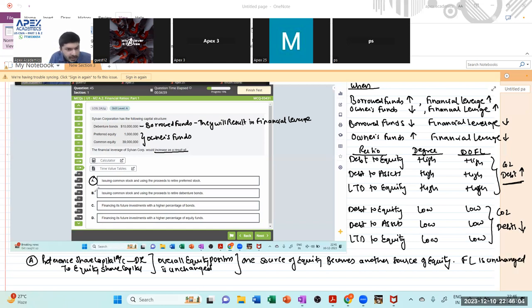Agreed? Let us go to entry number B. Issuing common stock and using the proceeds to retire debenture bonds. Very interesting. Issuing common stock: debit what comes in? Cash bank account debit, to equity share capital. Then you paid off the debenture bonds.